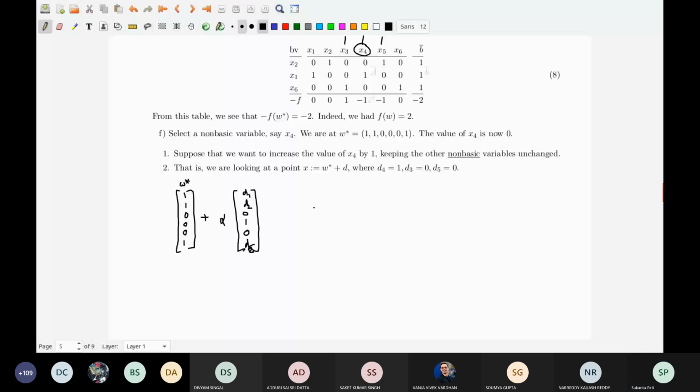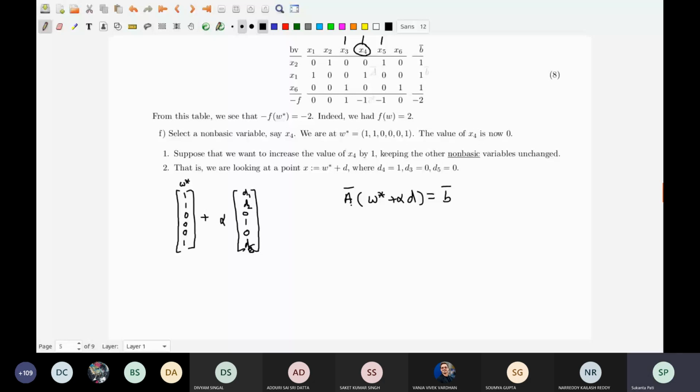So that means I want A into W star plus alpha D equal to B. Let me write simply A bar, because Ax equal to B or A bar x equal to B bar are equivalent systems of equations having the same solution set.